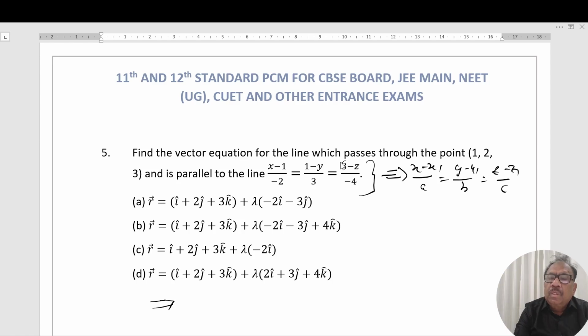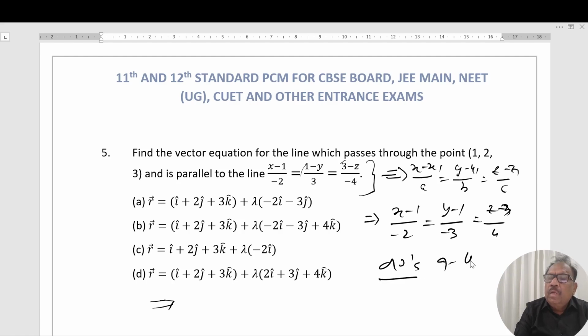In this case, both are not matching. To match it, x minus 1 upon minus 2, y minus 1 upon minus 3 equal to z minus 3 upon 4. So the direction ratios of the line are minus 2, minus 3, 4.